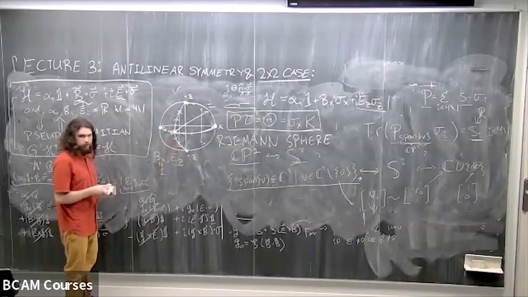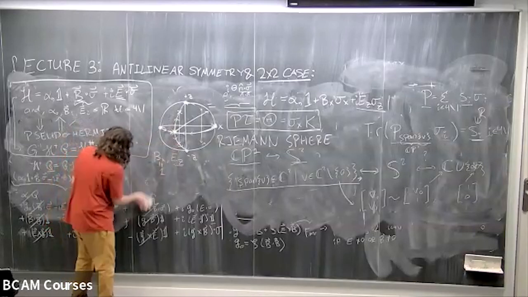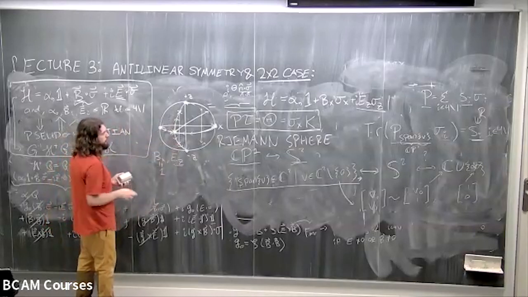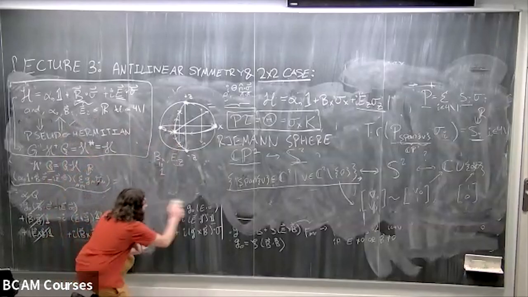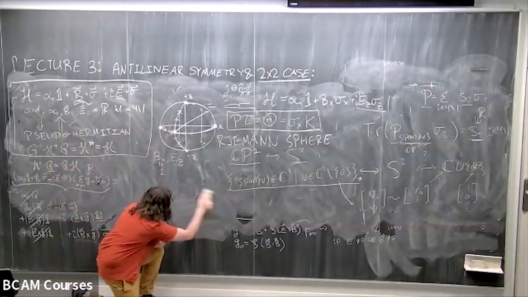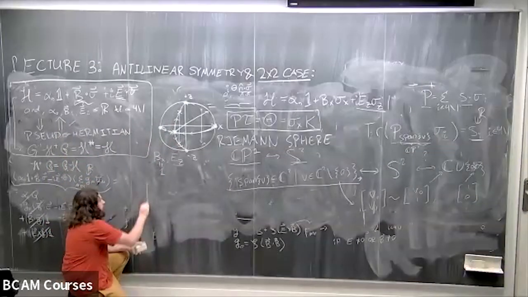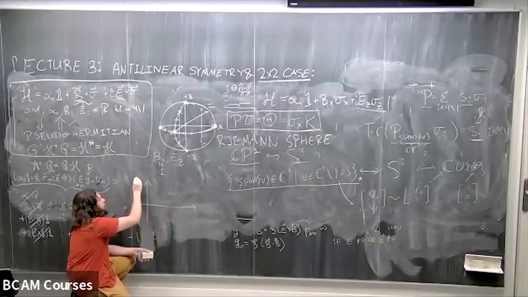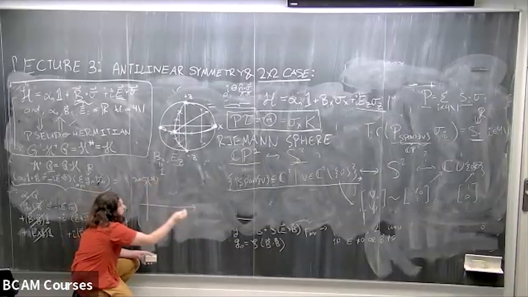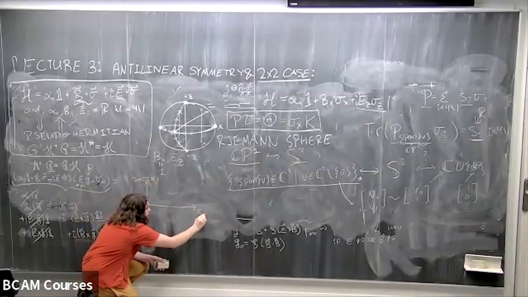Another signature is, so this is what happens if you look at the eigenvectors. If you look at the eigenvalues, they look kind of like this. I chose Bx to be 1, so I can plot lambda in the spectrum of H as a function of Ez.